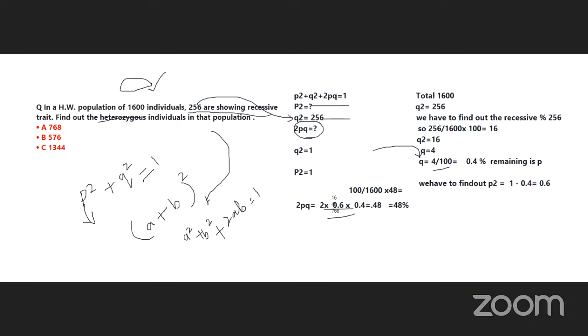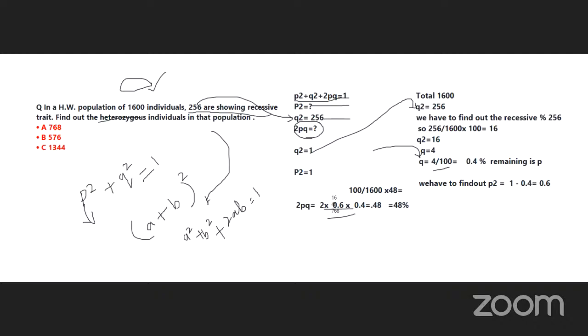This is the Hardy-Weinberg law, already on our board. I have written the total as 1600. The q squared, the recessive condition, is 256. You have to find the recessive in percentage. 256 divided by 1600 into 100 is equal to 16.